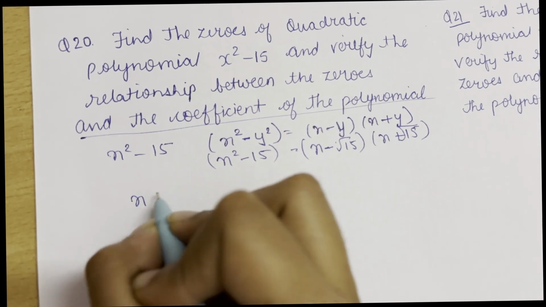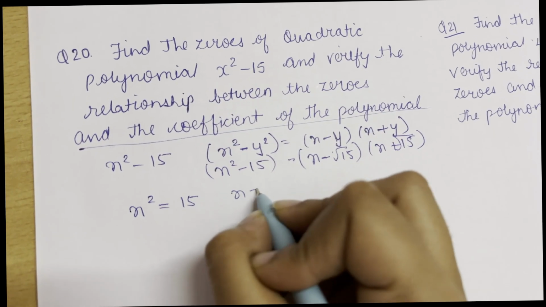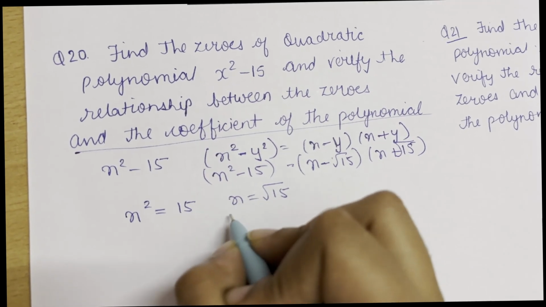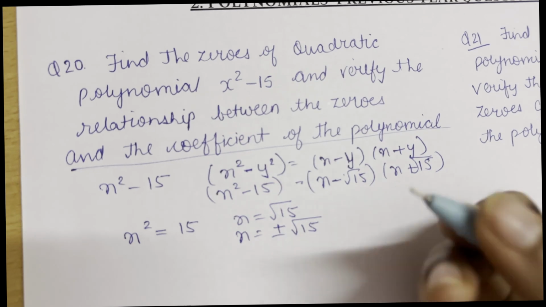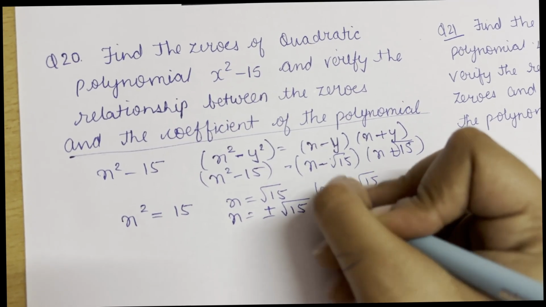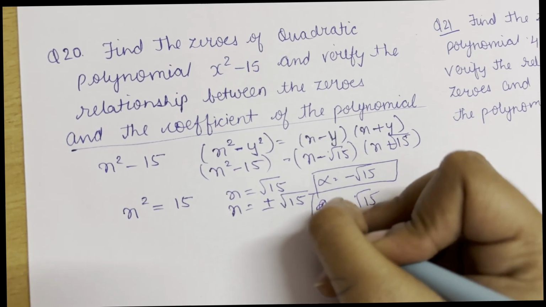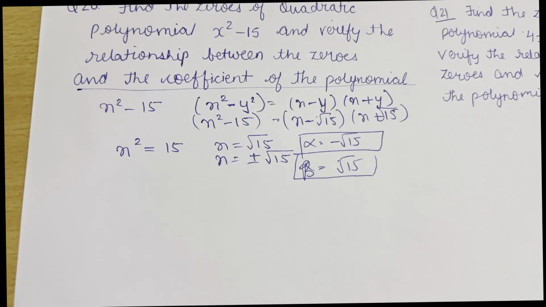Another way of solving is to equate x square equals 15 and take the root, and on taking the root, we get plus minus root 15. So the two zeros of this equation are alpha equals minus root 15 and beta equals plus root 15. Now we are asked to verify the relationship.